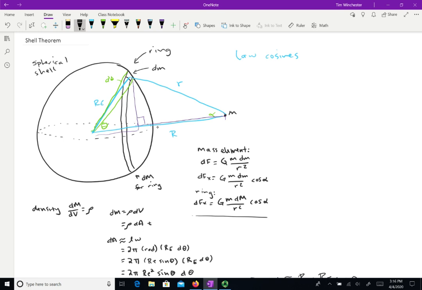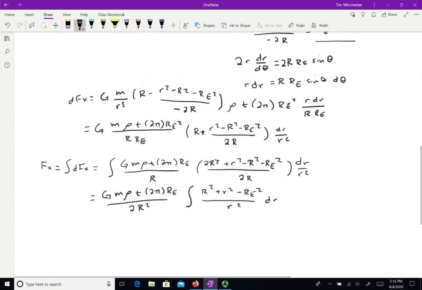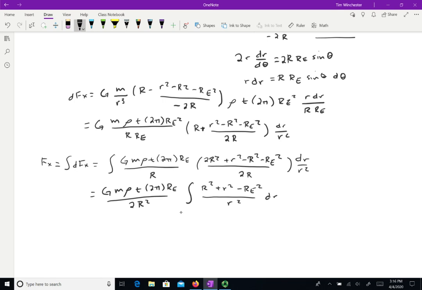And then the furthest it can be is the far point on the planet, so big R plus R_E. So those will be the limits of integration. You should take a moment to look at the diagram and decide that that makes sense. So the limits of integration are going to be from big R minus R_E to big R plus R_E.